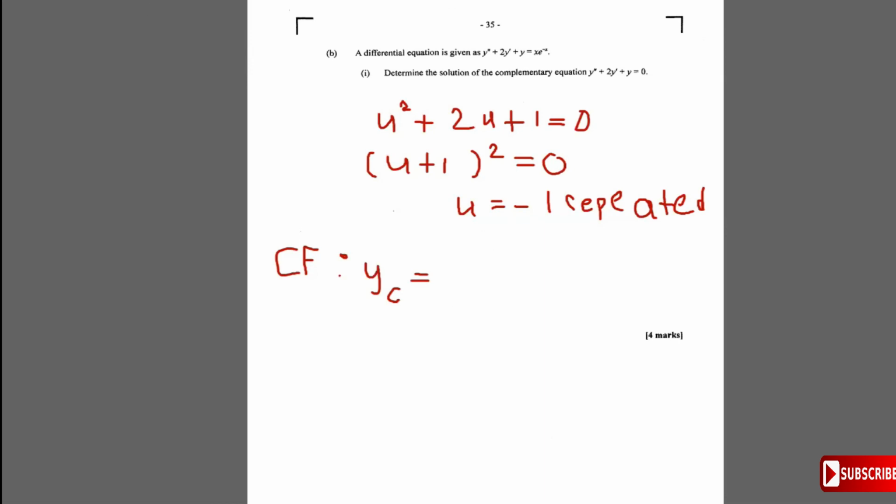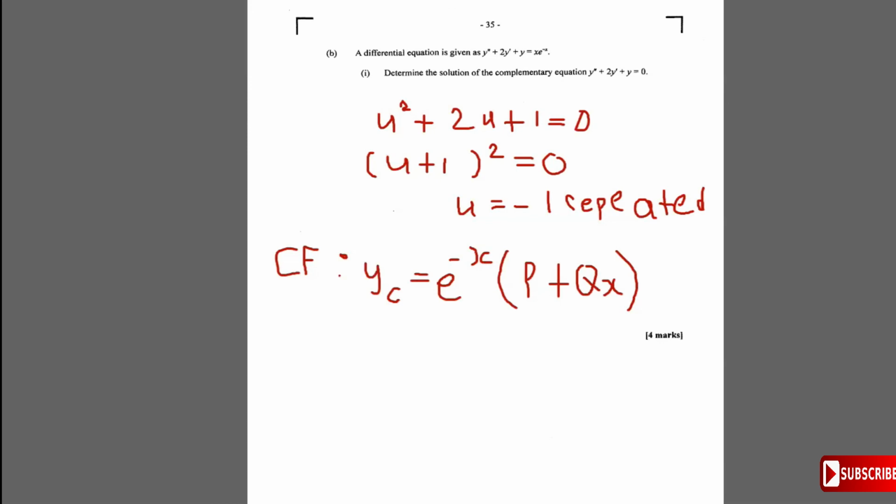It's going to be e to the minus x times p plus qx. That's the standard form. This is how most of us will be used to seeing it. I was just about to write it as p e to the minus x plus qx e to the minus x, but I can't start out like that. This would be the solution of the complementary function.